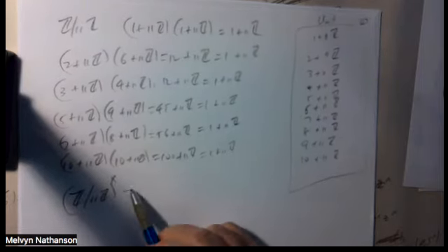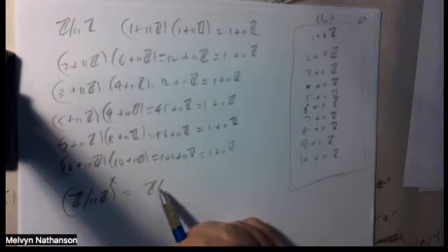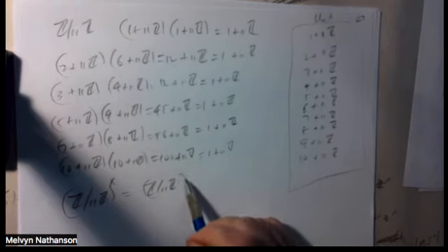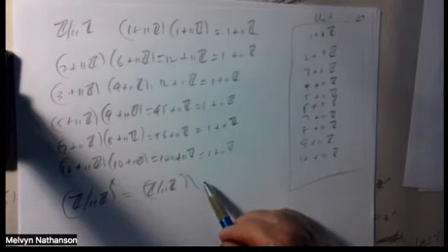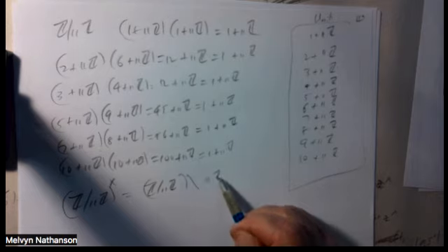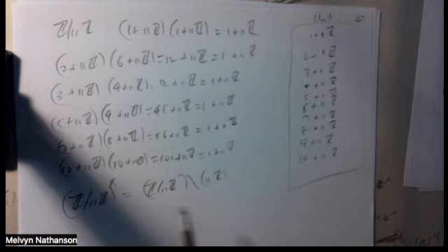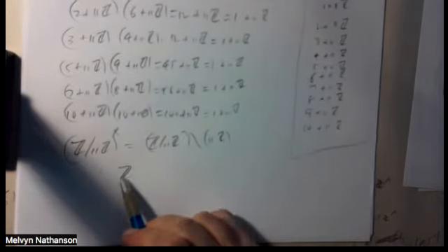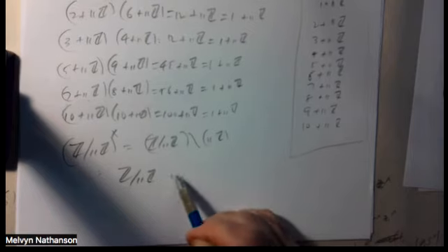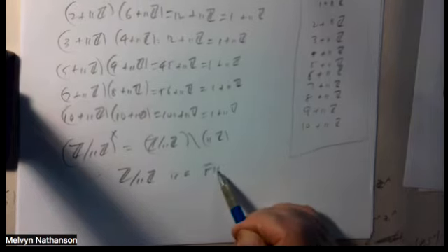So the group of units is everything except 0, the congruence class of 0, which is another way of saying that Z mod 11Z is a field. Because a field is a commutative ring in which every non-zero element is a unit.